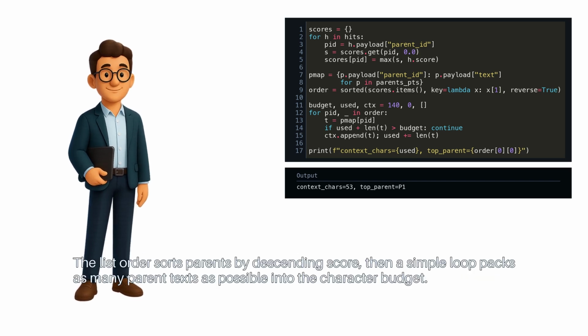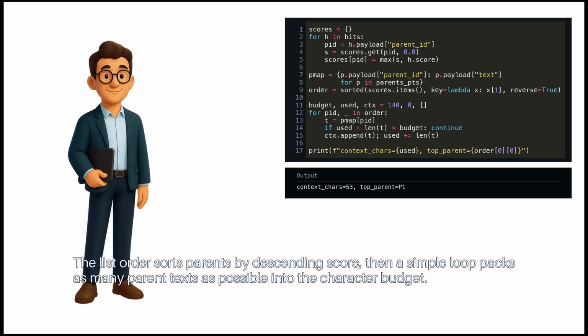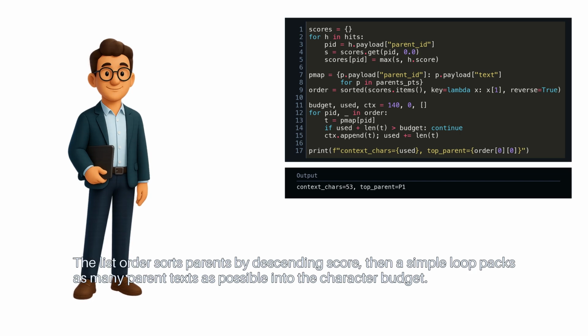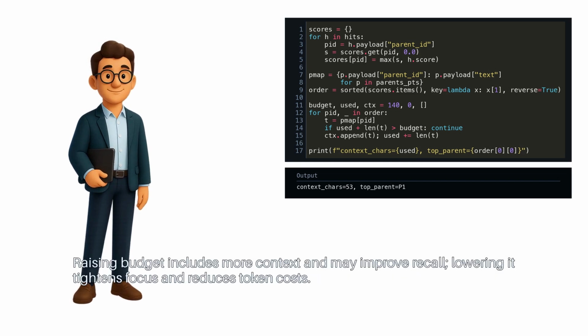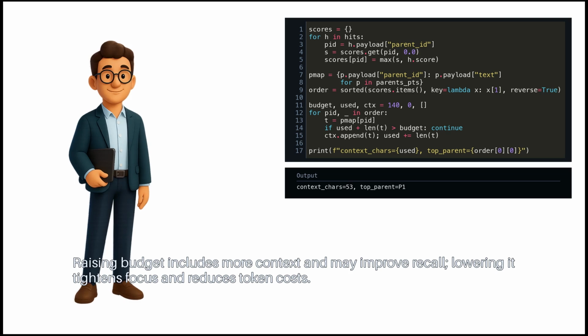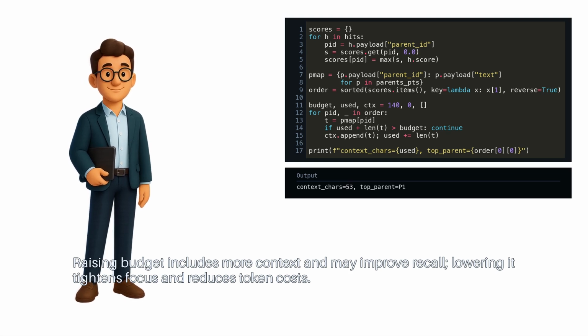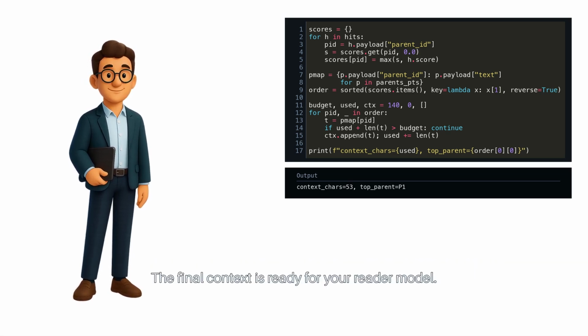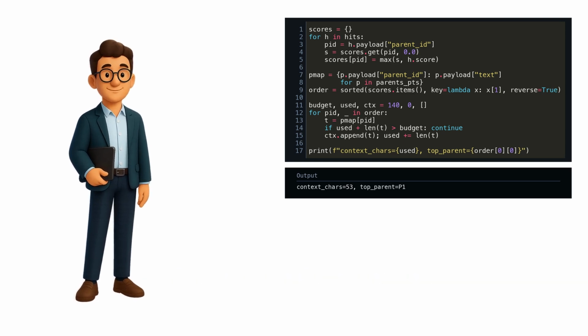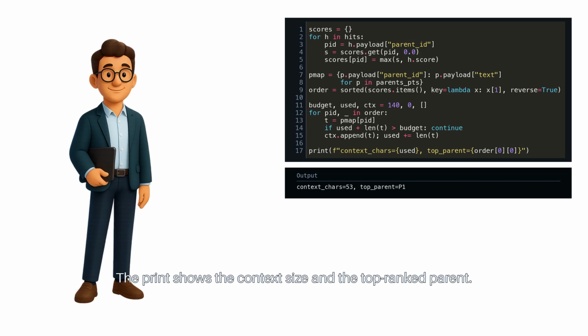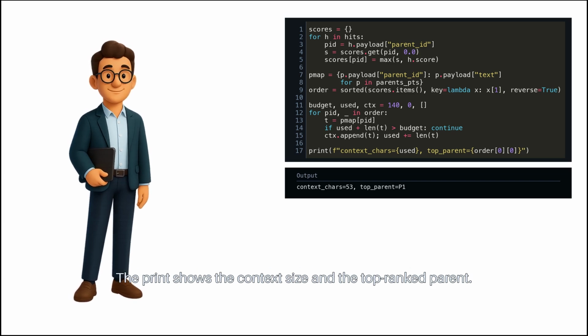The list order sorts parents by descending score. Then a simple loop packs as many parent texts as possible into the character budget. Raising budget includes more context and may improve recall. Lowering it tightens focus and reduces token costs. The final context is ready for your reader model. The print shows the context size and the top-ranked parent.